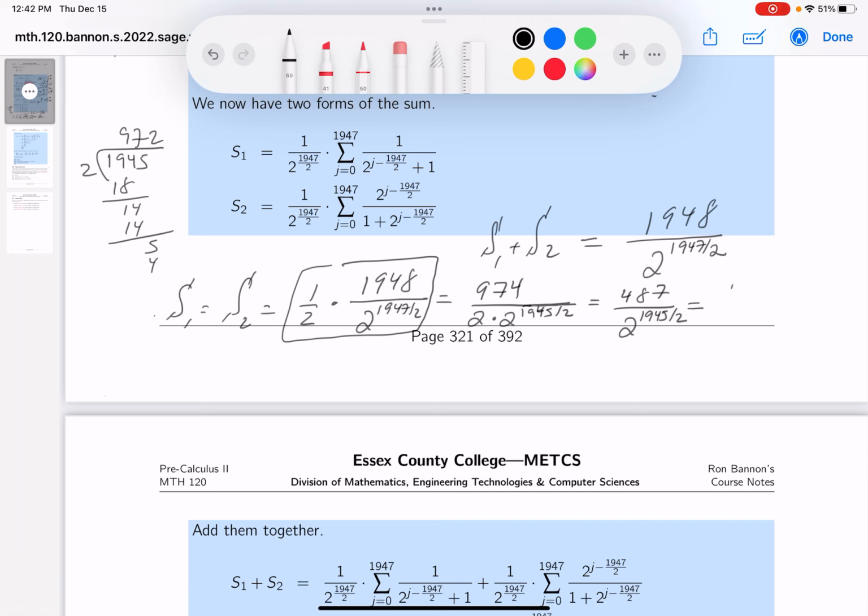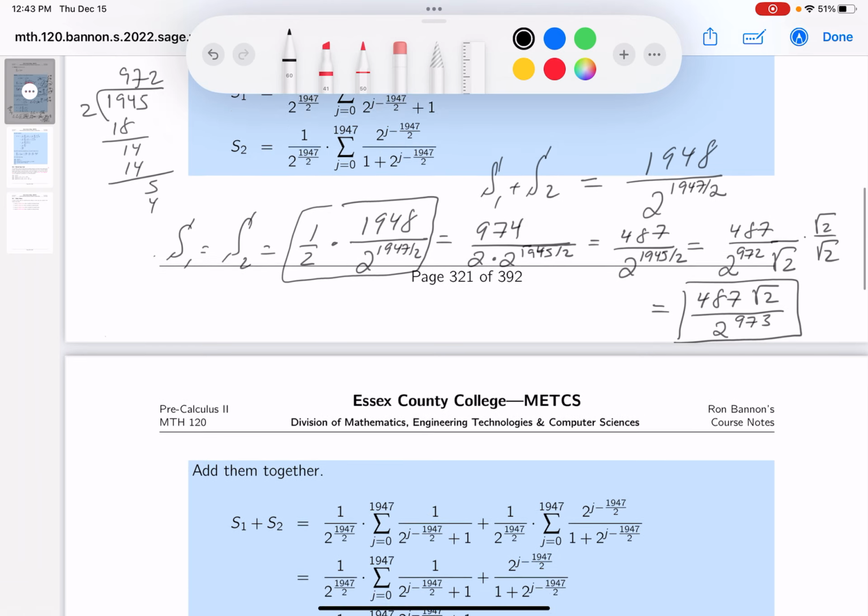Write this down over here. 487. You're going to get 2 to the 972. And then you're left with half of a factor, which is just a root 2. Multiply top and bottom by root 2. And you can get 487 root 2. And on the bottom, what do you get? You get 2 to the 973 for a final simplified answer.